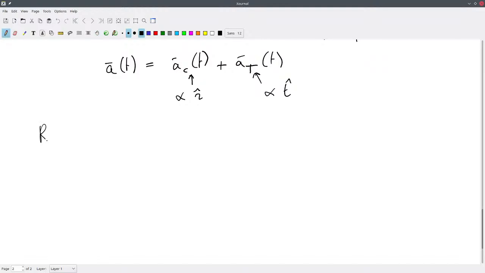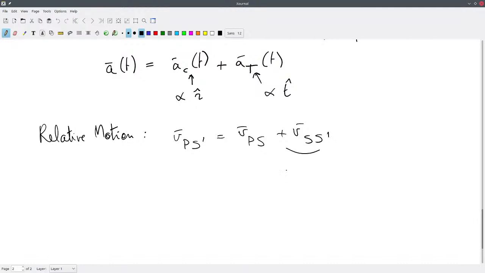So relative motion: the velocity of a point with respect to a reference frame S prime will be the velocity of the point with respect to a reference frame S plus the velocity of the reference frame itself in the new reference frame.